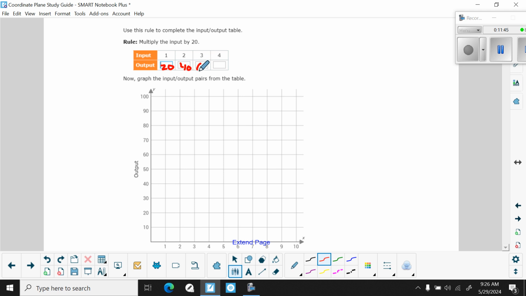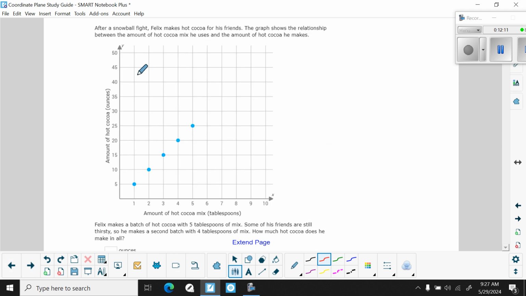Input is 3, output is 60. Input is 4, output is 80. Okay, so I would graph 1, comma, 20, 2, comma, 40, 3, comma, 60, and 4, comma, 80. There would be the points that I plot.